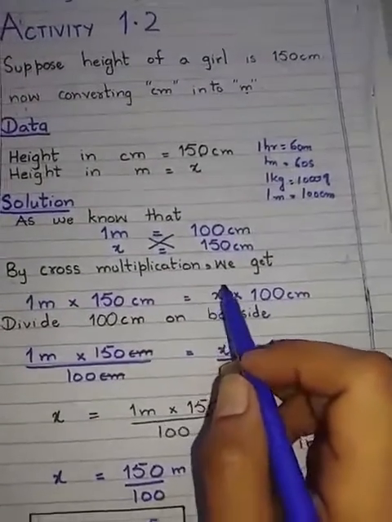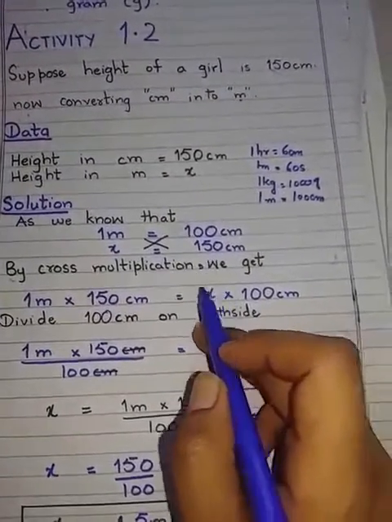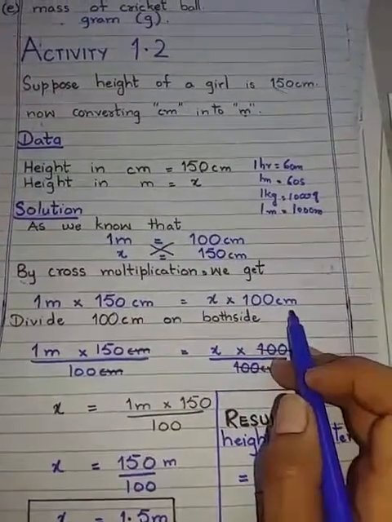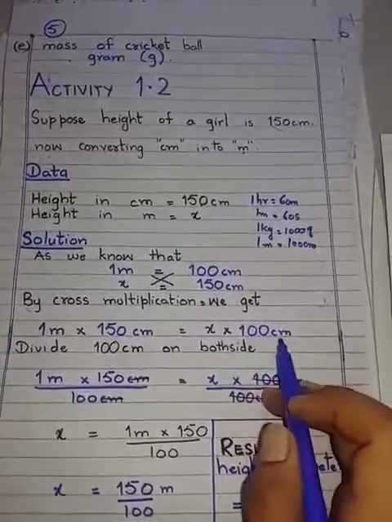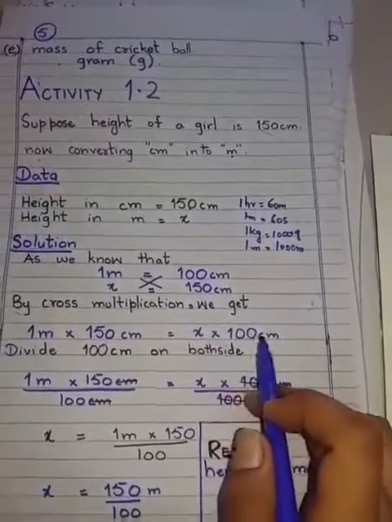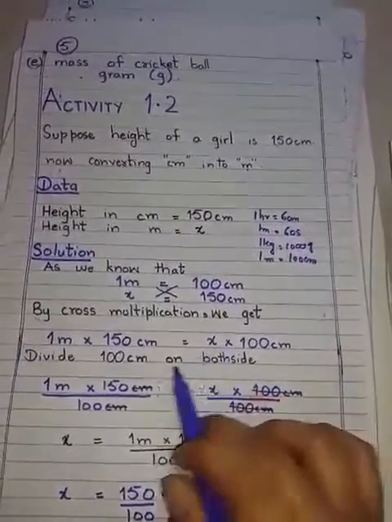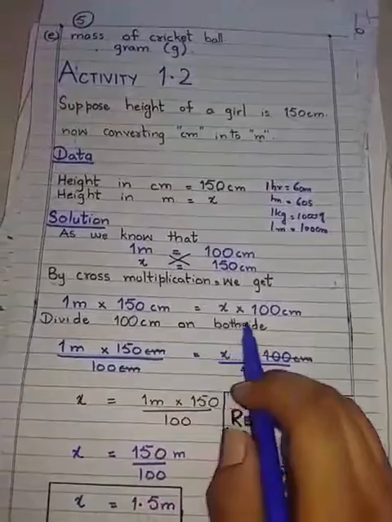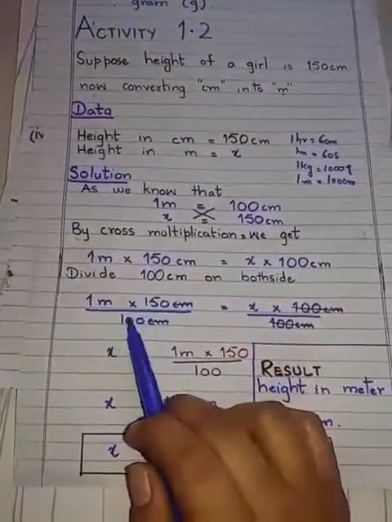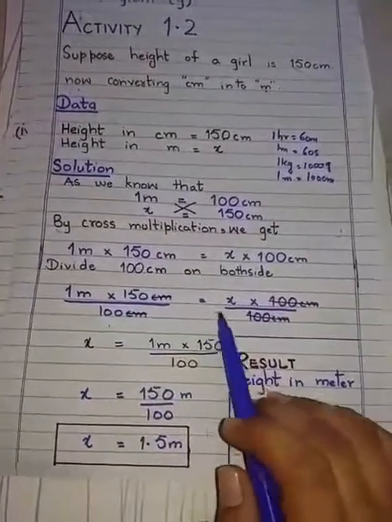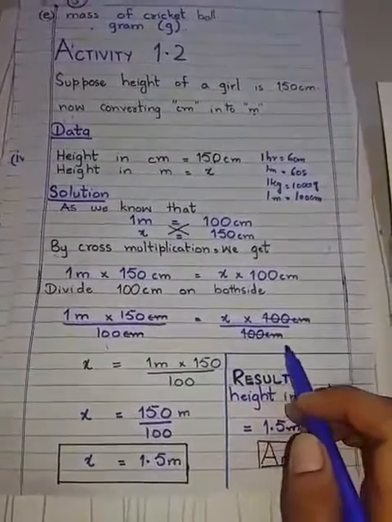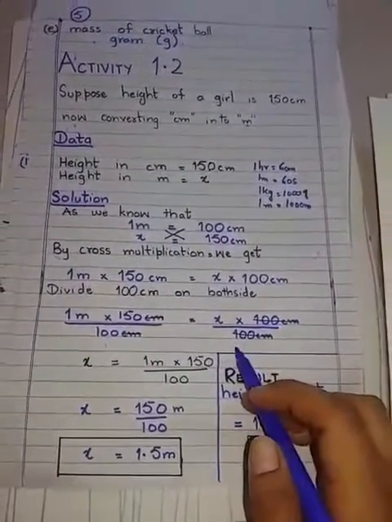Now the unknown quantity is x, so we will separate x and eliminate the given quantity. 100 centimeter is multiplying, so for eliminating this quantity, we divide 100 centimeter on both sides. So 1 meter multiplied by 150 centimeter divided by 100 centimeter is equal to x multiplied by 100 centimeter divided by 100 centimeter. 100 centimeter cancels.